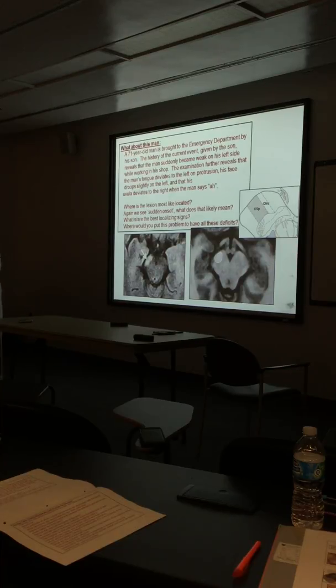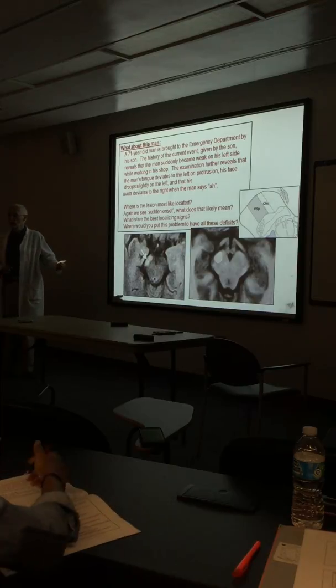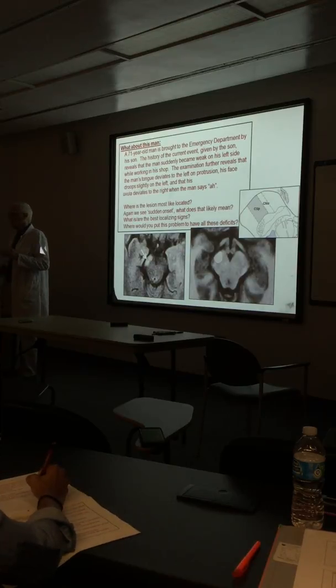And they're all together right here, in this location. Here we see a lesion that's involving much of the crus of the midbrain. The corticonuclear fibers to the hypoglossal nucleus from the right side cross to the left hypoglossal nucleus.